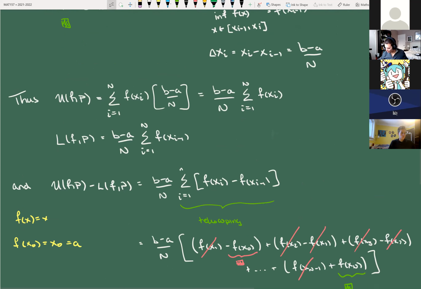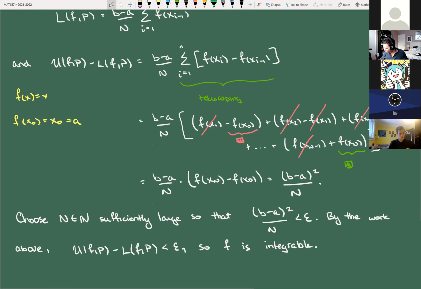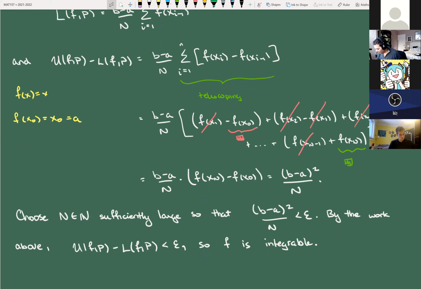Right? So yeah, I guess maybe this is a great point to do. Up until this point right here, okay, nothing I did used f of x equals x. The only thing I needed for this was that my function was, oh, no, oh, sorry, right until here.